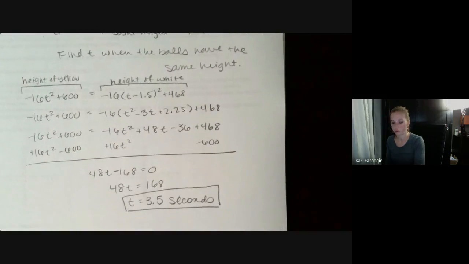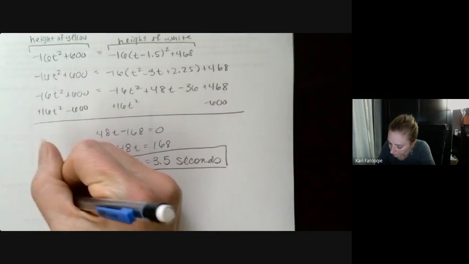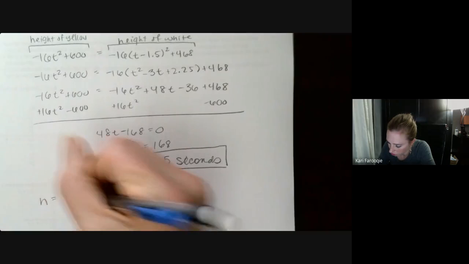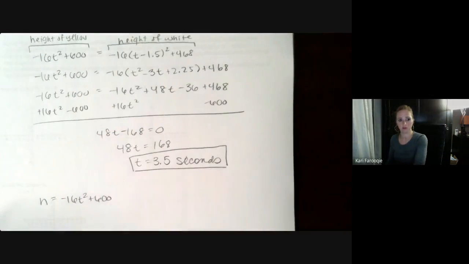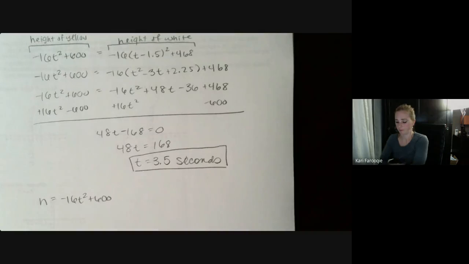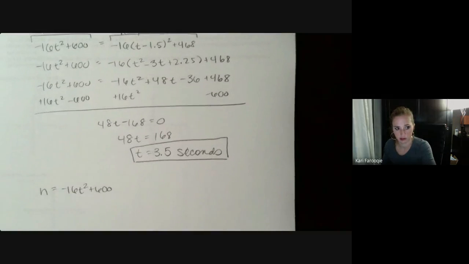So you have two different functions for h. They're the same at 3.5, so you pick which one. I'm going to choose h equals negative 16t squared plus 600 because that one seems easier to me. And then we'll evaluate that at 3.5.